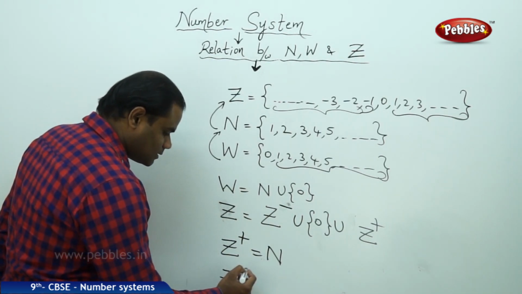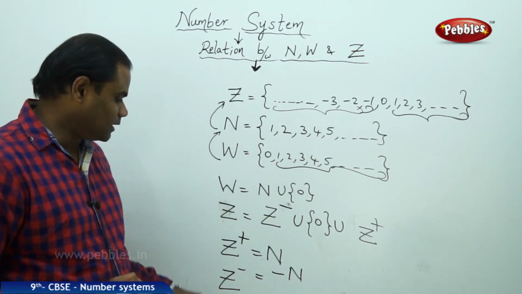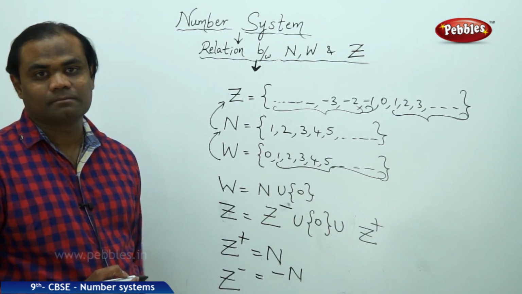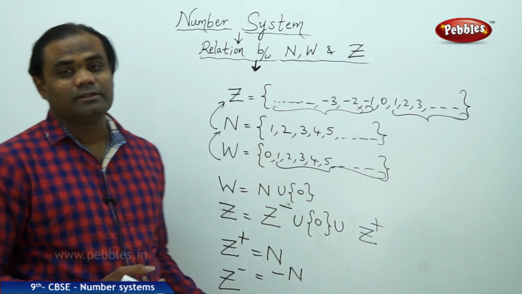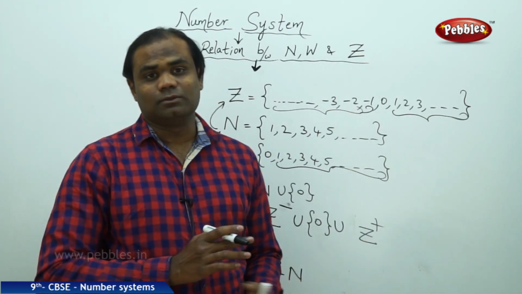So Z minus is minus N, which is how we understand the relation between Z minus and N, and how we get the different relations between Z, N and W.